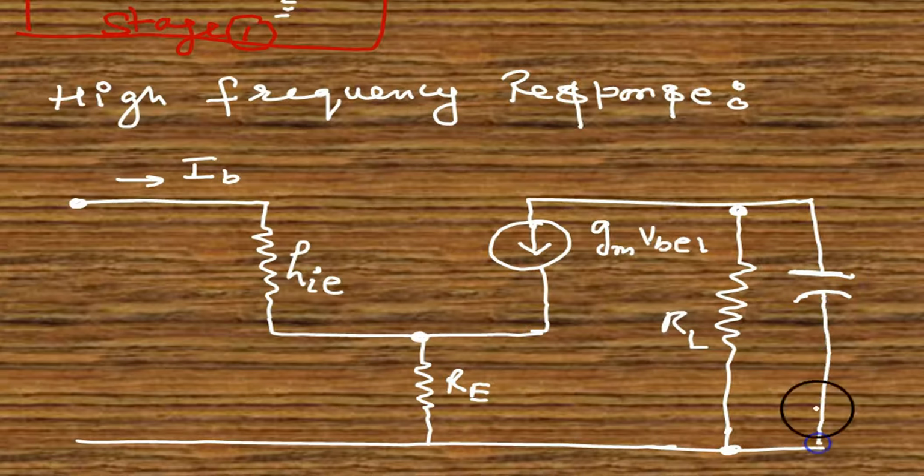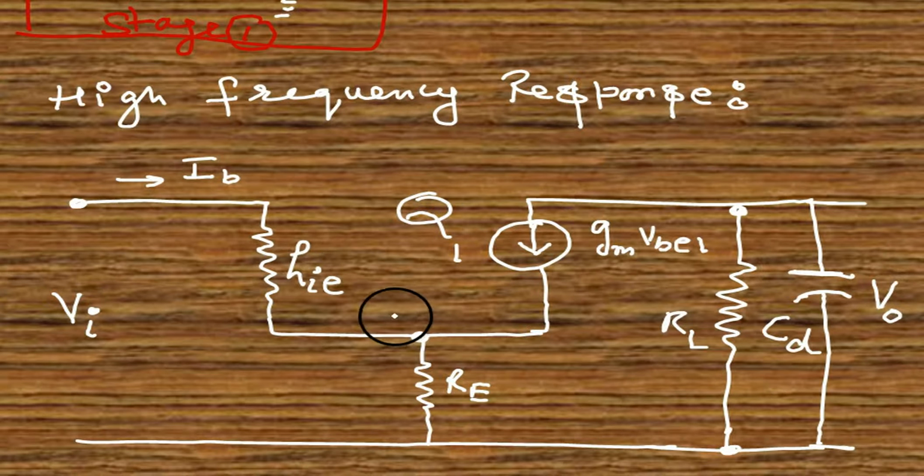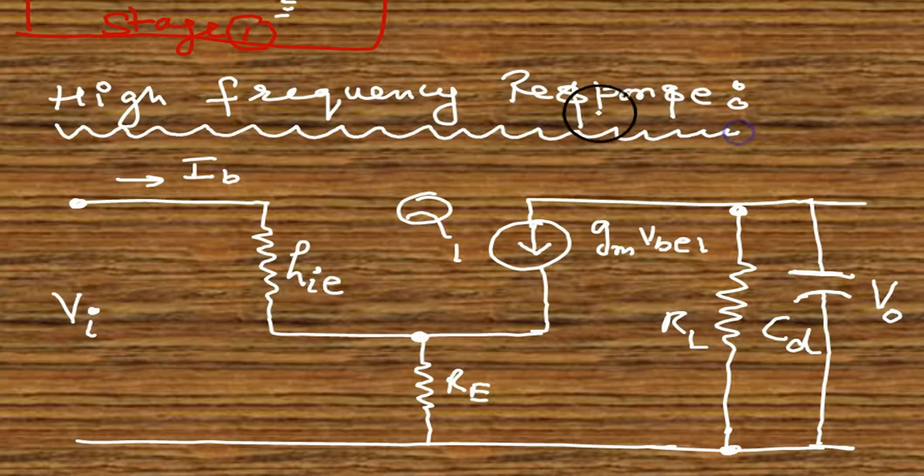Now high frequency response means this is the capacitor which we have to consider, of capacitance CD. Because at the mid frequency we thought that the capacitor behaves as an open circuit.